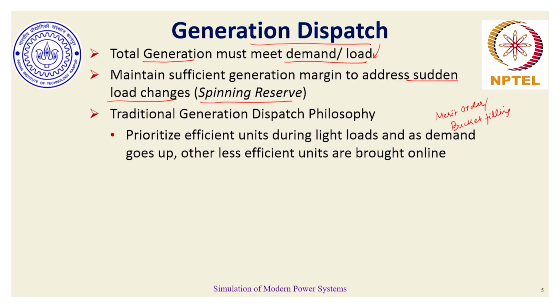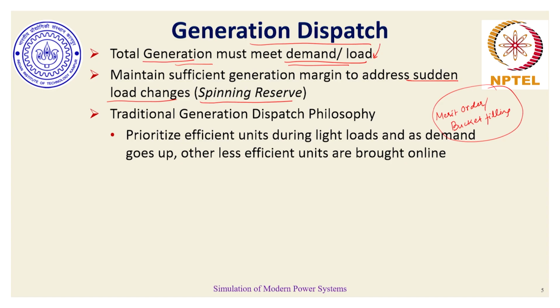In fact, some of our operators still follow this practice of generation dispatch, wherein their intent is that total generation, from whatever generators are present, should meet the total demand or load present in the given system. So what is this merit order or bucket filling approach?